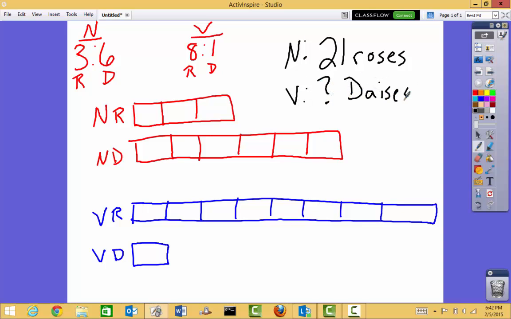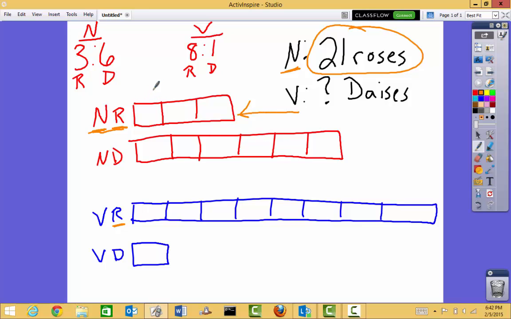So what I'm going to do is I first look and see which tape diagram I know this information about. So I'm looking at that number and thinking, which one of these 4 tape diagrams does it match? Well, I see roses, so I know it's going to be roses. And I see it's on a normal day, so I know it's going to be on my normal. So it's going to be this tape diagram.